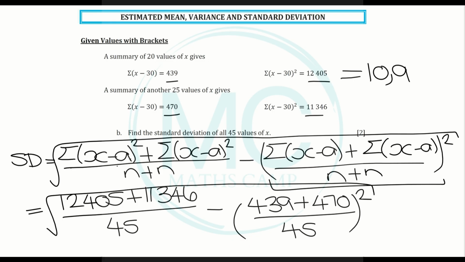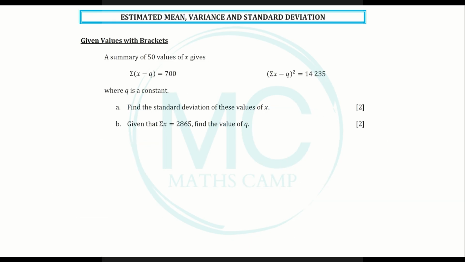Let's do one more example. Here we are given the summary of 50 values of x, where q is a constant. Part A says find the standard deviation of these values of x. So let's start here.